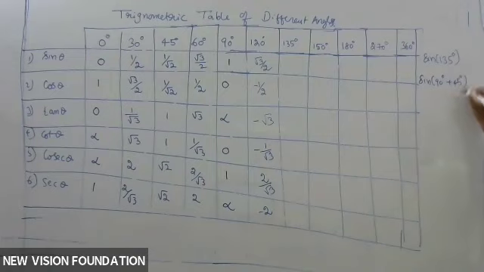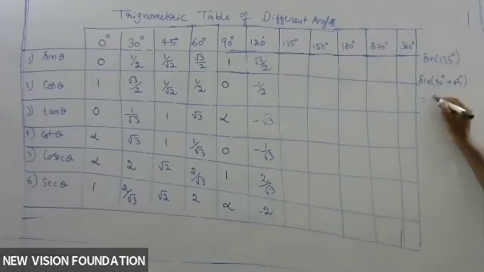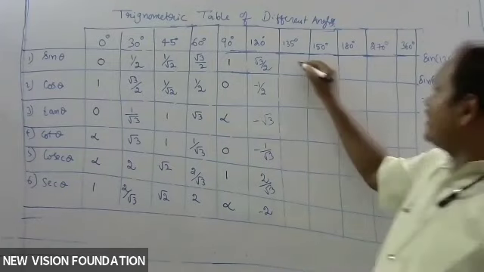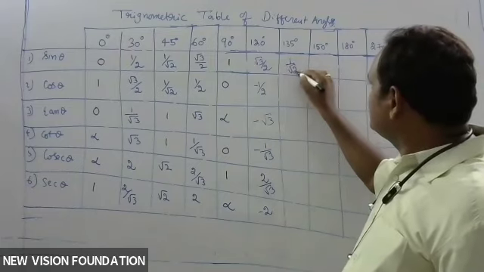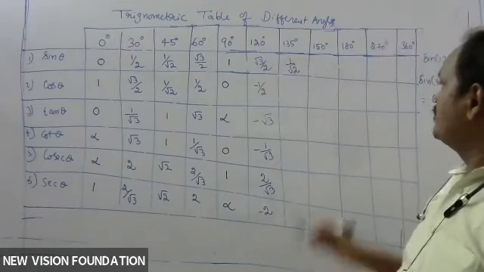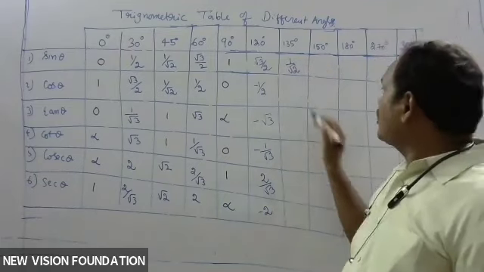This is sine 90 plus 45 degrees, right? This is in the second quadrant. This we can write as cos 45 degrees. This becomes 1 by root 2. Therefore, this value becomes 1 by root 2, and it is in the second quadrant. Sine becomes positive. This is 1 by root 2.